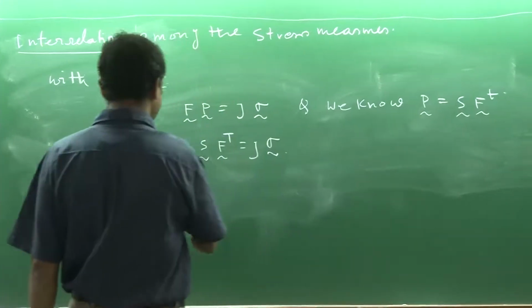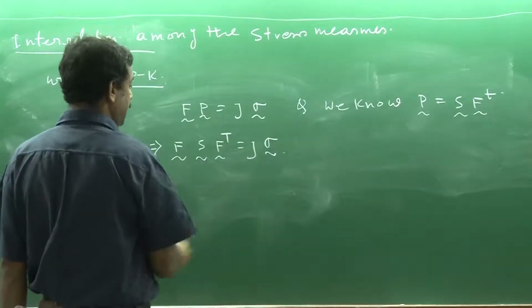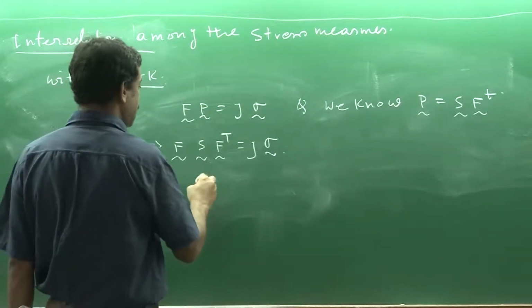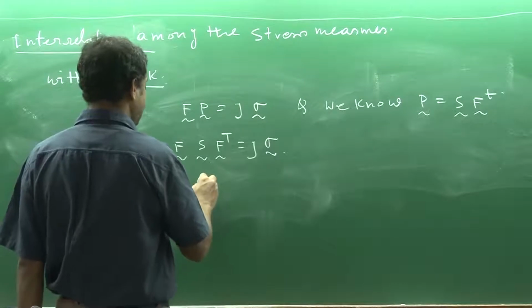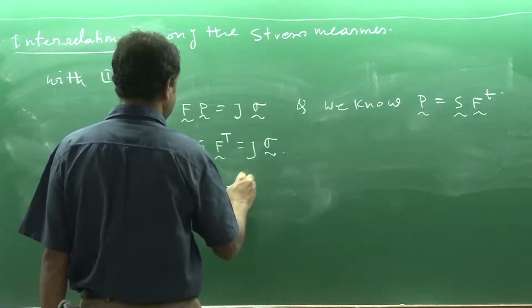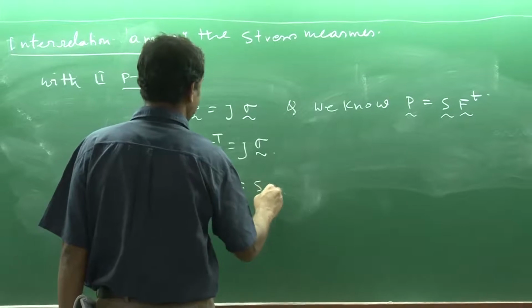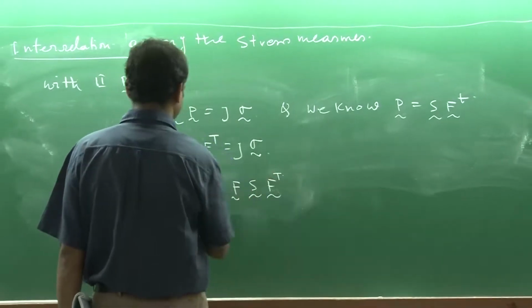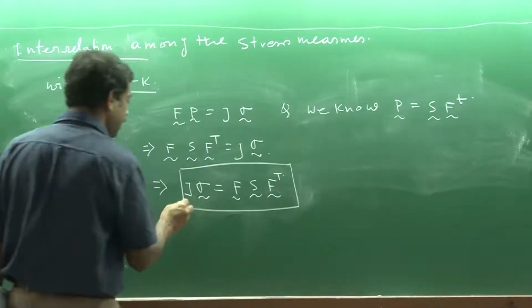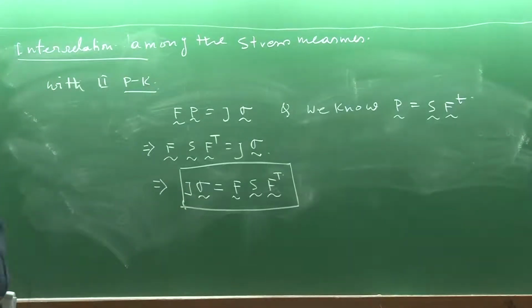We substitute the relationship, and so J sigma is nothing but F S F transpose.